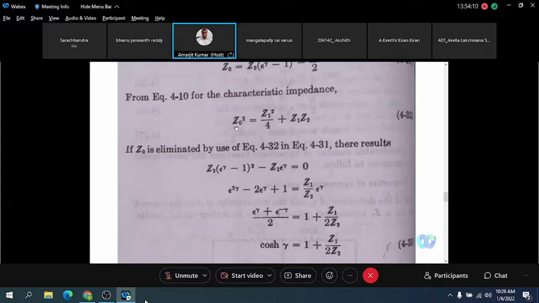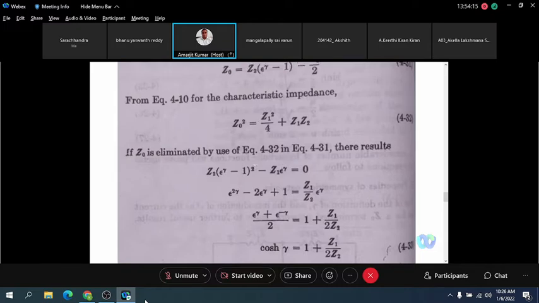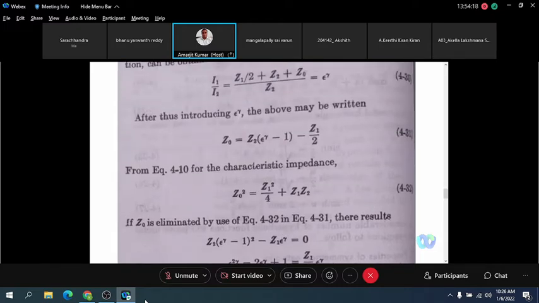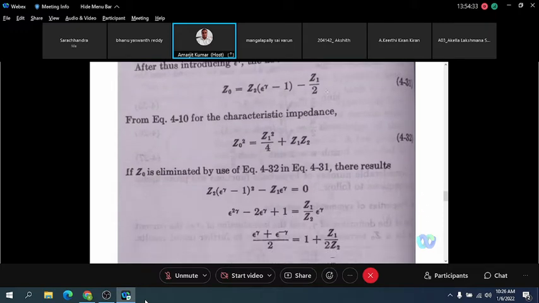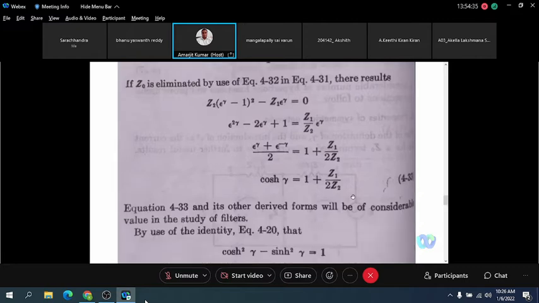You have to put the value of Z0, the square root of this, in this equation, from the symmetrical T network. So you can calculate the exponential of gamma, or basically the propagation constant gamma, in terms of Z1 and Z2. Z0 is eliminated. So cosh gamma is equal to 1 + Z1/2Z2.